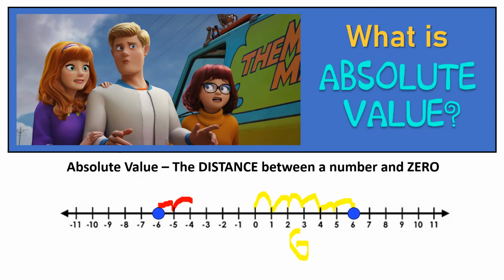Watch. 1, 2, 3, 4, 5, 6. And anytime you're talking about distance, it's always going to be positive. So even though we started at -6, we're still moving 6 units. That distance is still 6. So both -6 and 6 are 6 units away from 0, meaning they both have an absolute value of 6.